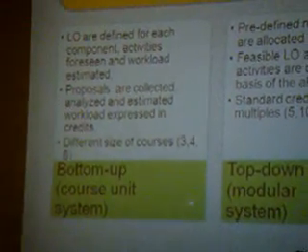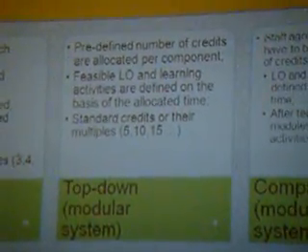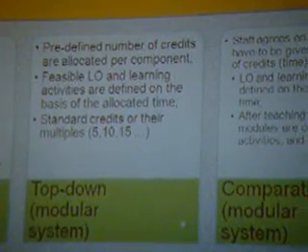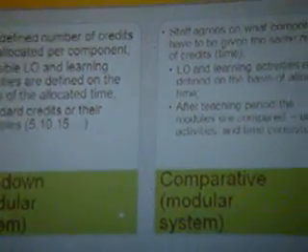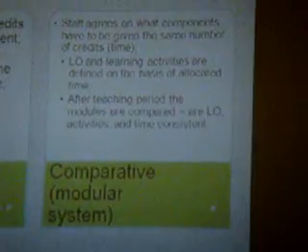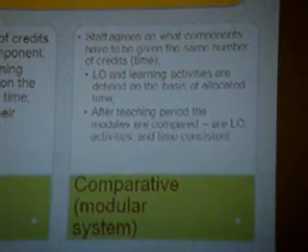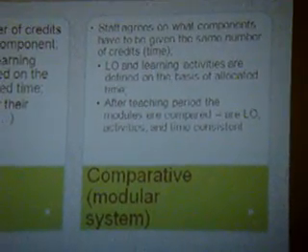And there is no direct link, as you know, between contact hours and credits. Of course, there is some link, but not a direct one. And the number of credits does not relate to the importance or prestige of the course. These are the two most important departure points. And there are several ways to allocate credits. Maybe there are more, and I'm sure there are, but first of all: bottom-up, top-down, and comparative.